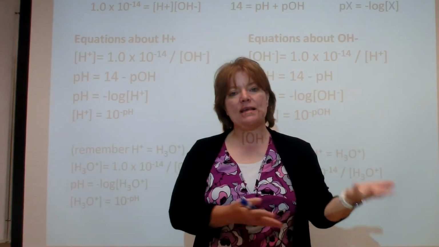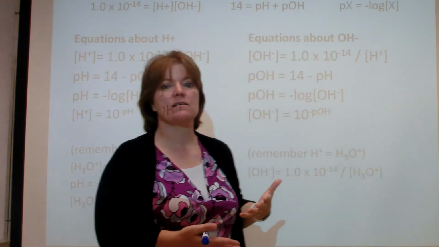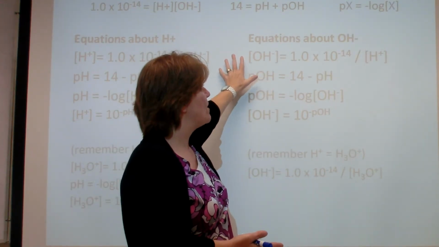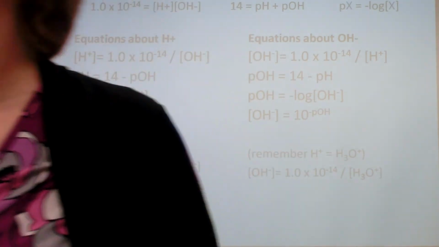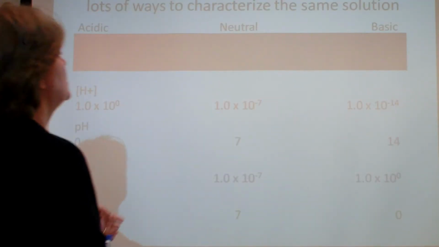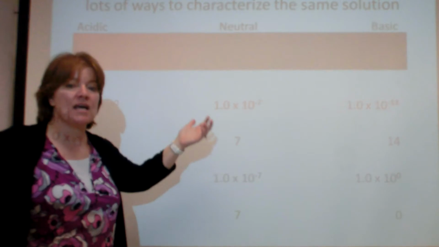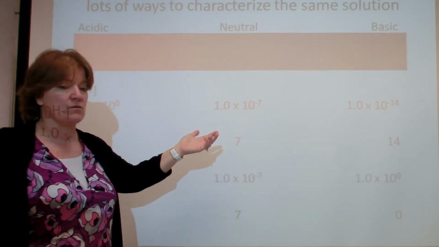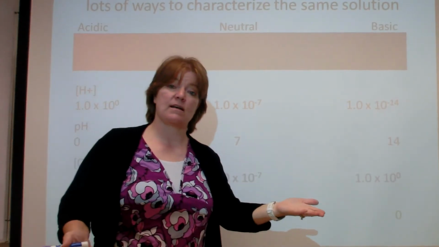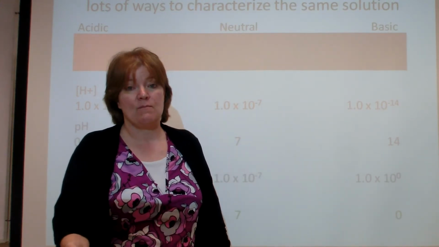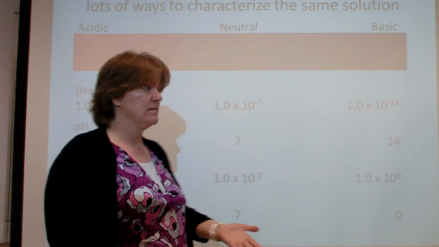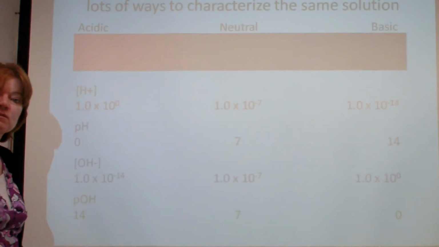So based on what I'm looking for, what I need to discuss, what I want to be describing, I have a variety of equations, which kind of says, give me any number describing the solution. You can give me the H plus ion concentration or the OH minus concentration. You can give me a pH, you can give me a pOH. They're all related.